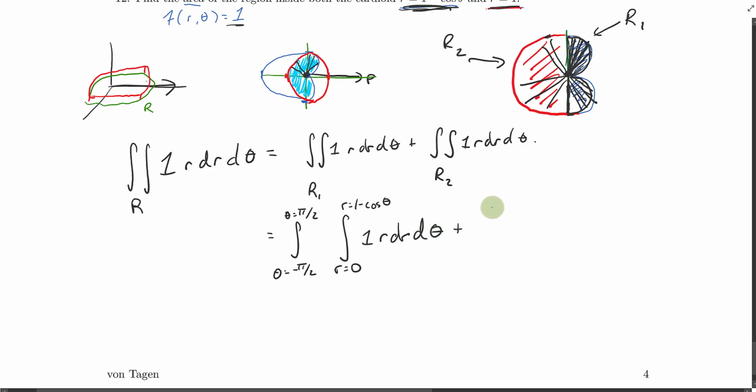Then for the second region, this is the region that I've labeled R2 that I've shaded in red here. If we think about when do I first start drawing the radii? I start on this side here, and then I stop drawing radii when I get down to here.